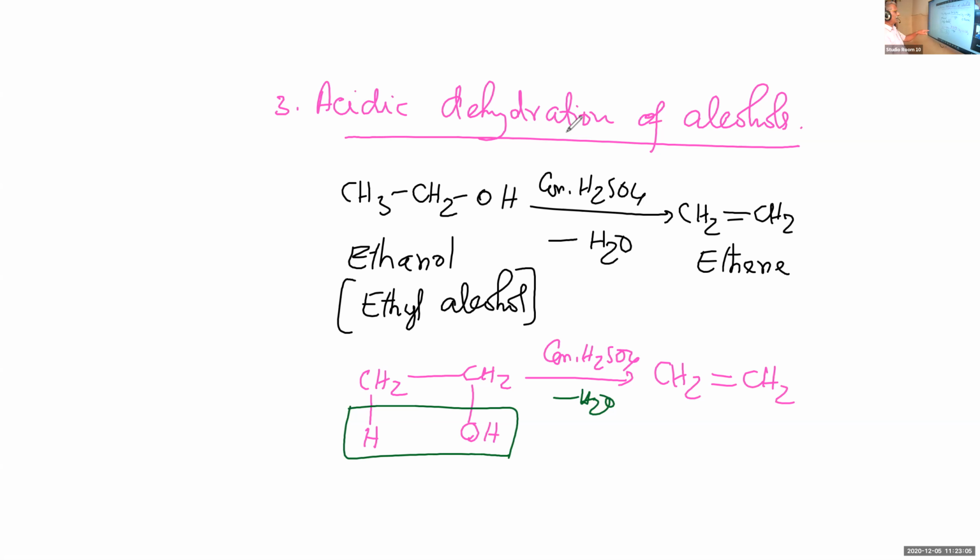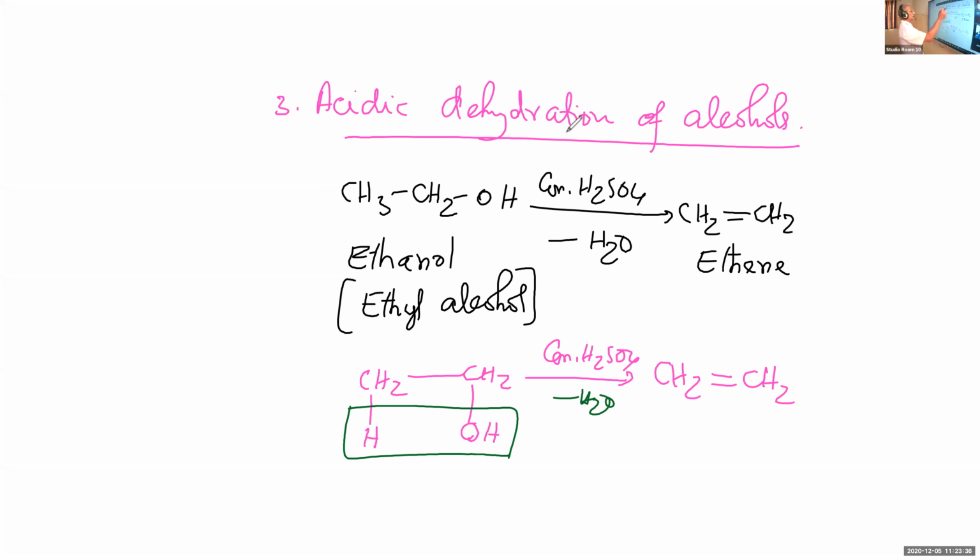So during the elimination of water, which hydrogen is removed? OH is removed. In the alcohol, the functional group is the OH group. And during elimination of water, which hydrogen is removed? Come to alpha, beta.